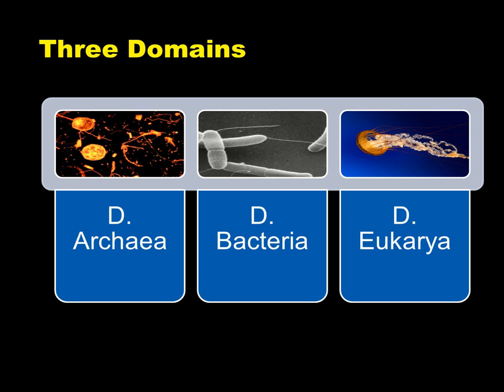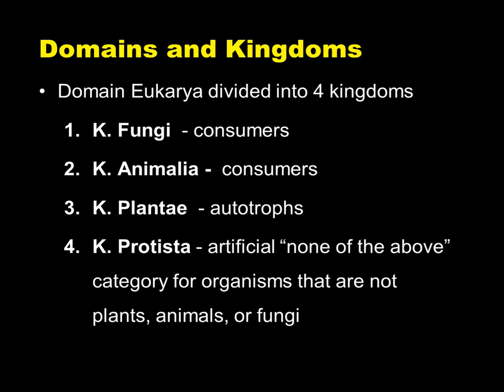I want to go ahead and elaborate a little more on the different kingdoms of the eukaryotic domain. There are four kingdoms of our eukaryotic organisms. The first is called, and again I've got the abbreviation, the K for kingdom, fungi.